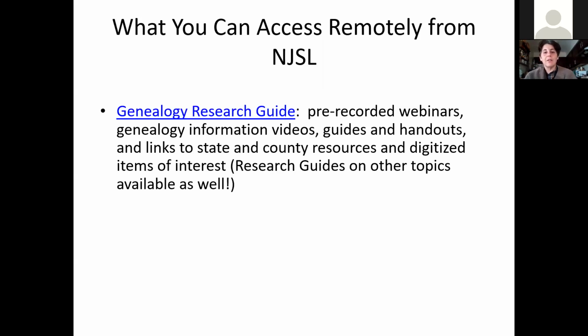So I've put together something called the Genealogy Research Guide, which is a great tool that I can use to put a lot of different resources together into a single page, and I can very easily organize the information in a way that's hopefully very accessible to you.